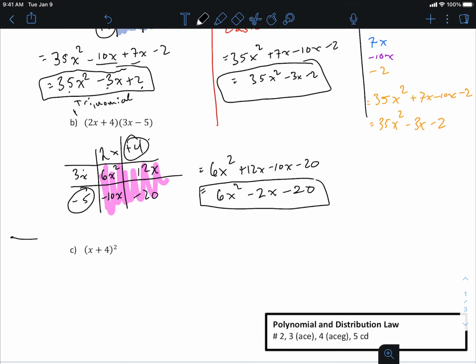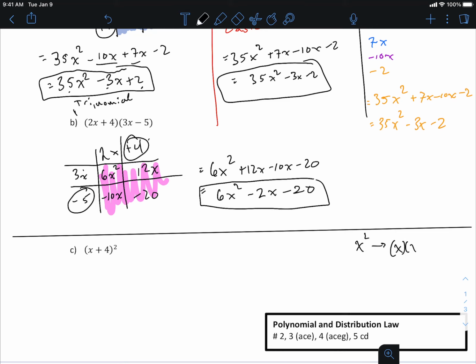If you recall from yesterday, there's a trick with this question. I'll show it to you here. If I wrote down something like x squared, that physically meant there were two x's there, x times x.